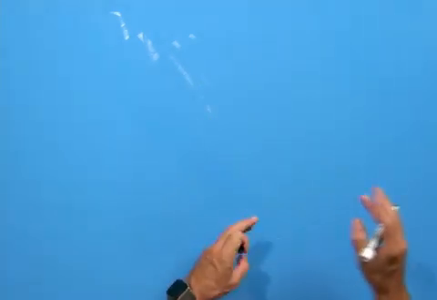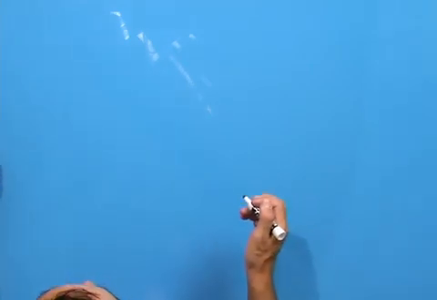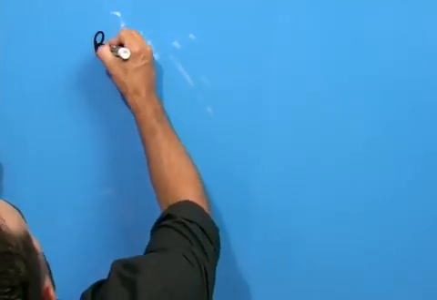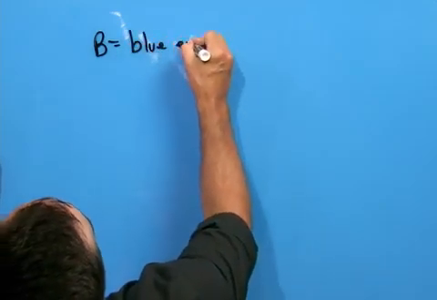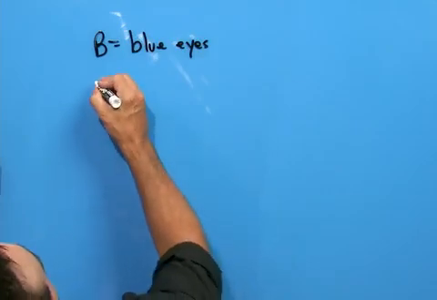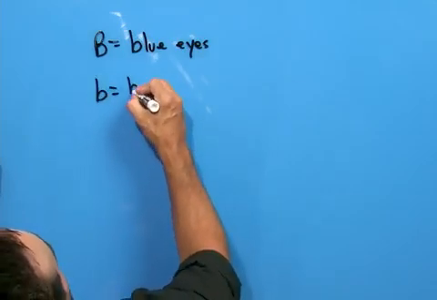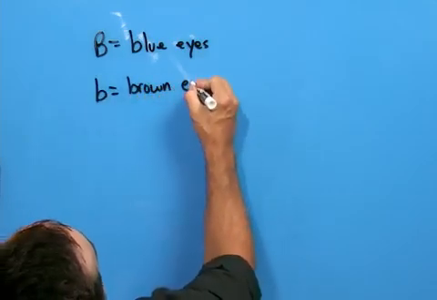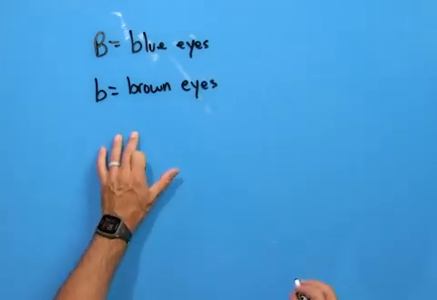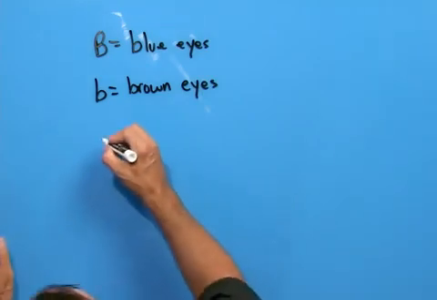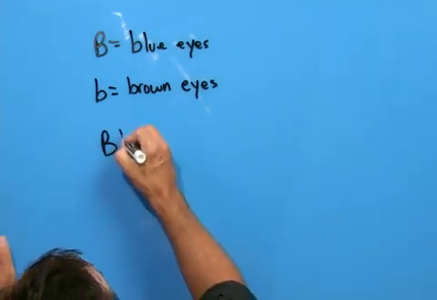Let's go ahead and assign some traits to these alleles. We'll say our dominant allele in this scenario is going to be blue eyes, and our recessive allele is going to be brown eyes. This is just for this example that we're going to do. Okay? We're going to have one parent who is heterozygous.